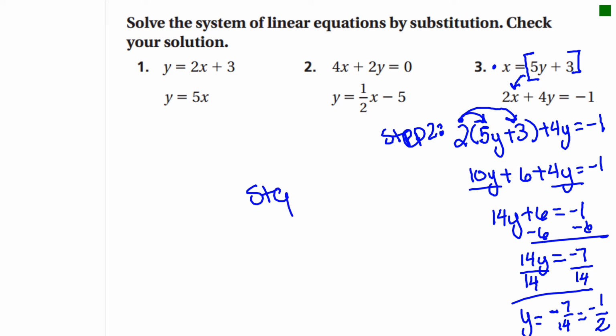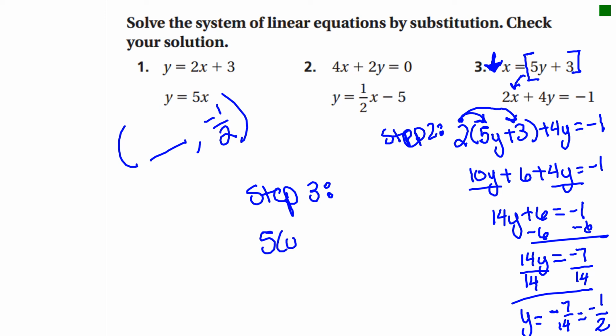All right, step 3, I'm going to have to use my space over here. Step 3, we're going to this time plug in y. So here's what we have so far. We don't know what x is. We're still trying to figure out what x is, but we do know y is -1/2. Step 3, we're going to plug y in for our first equation that has variable equals. So 5 times y plus 3, so 5 times -1/2 plus 3.